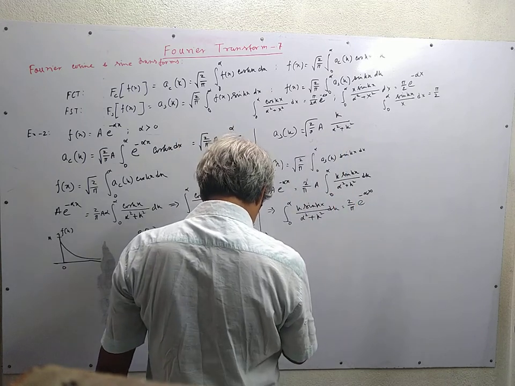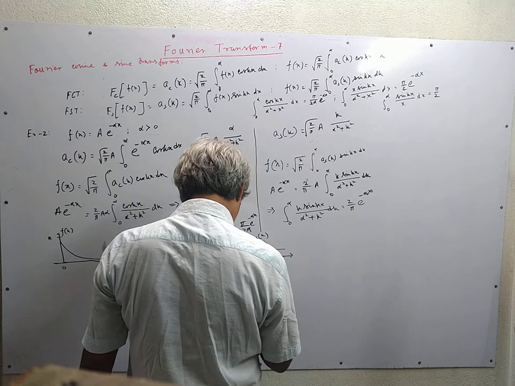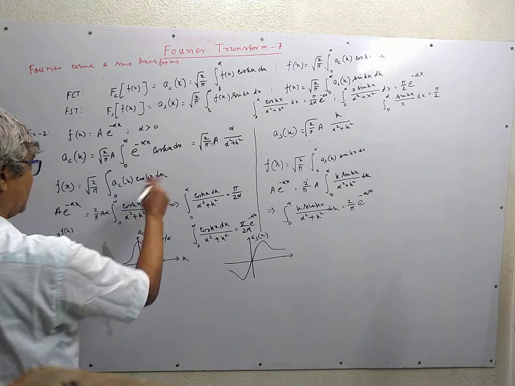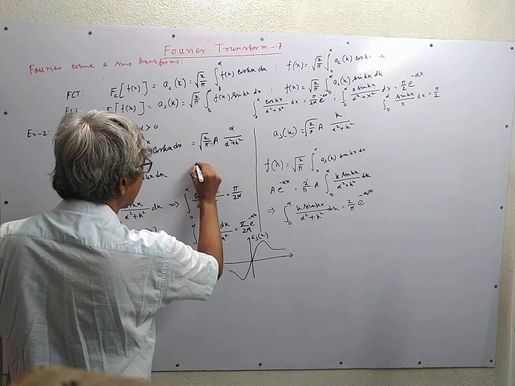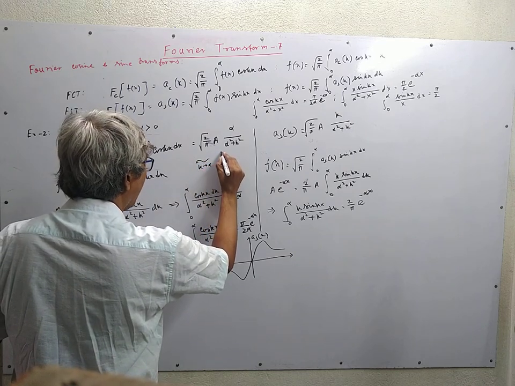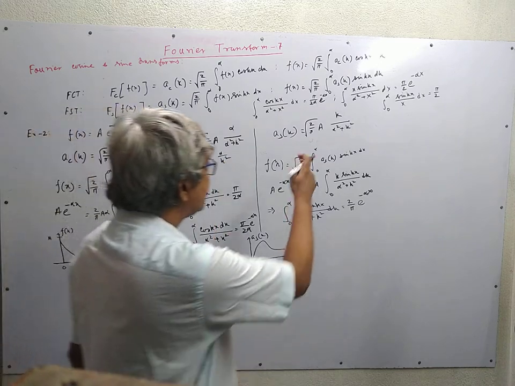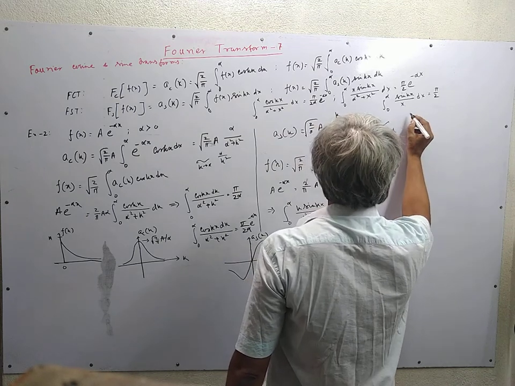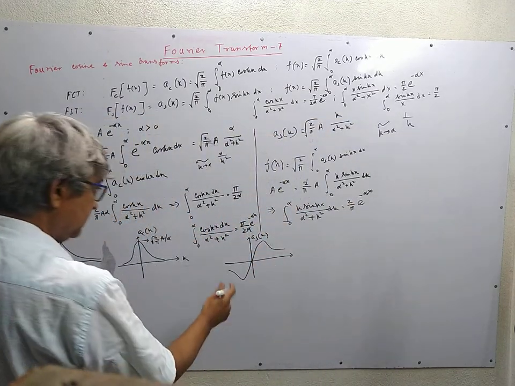So the graph is like this. You note that this function asymptotically behaves as k tends to infinity as alpha by k square, which has a faster fall, and this function asymptotically behaves as k tends to infinity as 1 upon k, so it has a long tail.